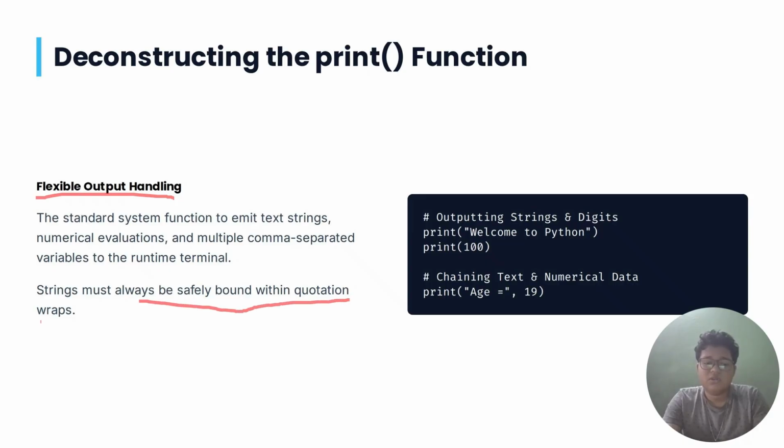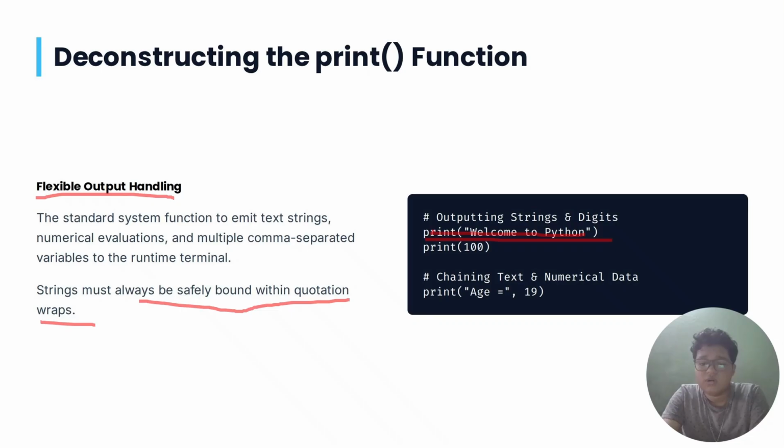That's what I was saying. If we are printing a string or word or combination of anything that has to be printed as it is, or as written, wrap it in quotation and it is good to go. Like print welcome to Python, just as we printed hello world.